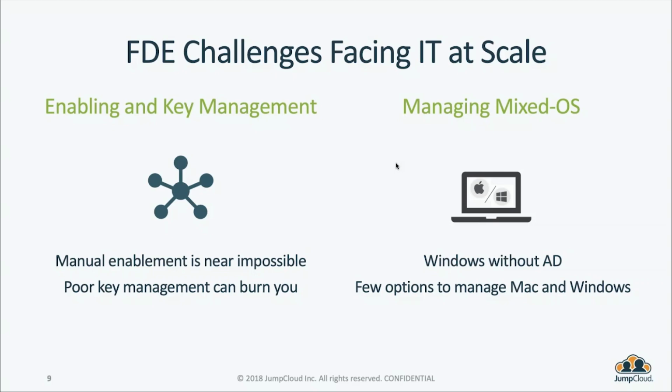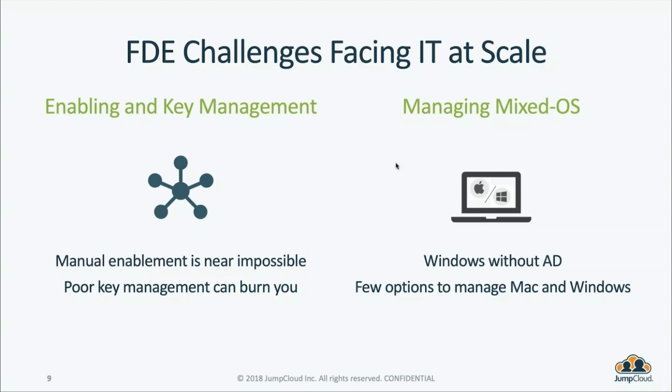One of the biggest challenges I've heard from not only our customers, but from the research I did prior to this presentation is that poor key management can really impact you. Using Google Sheets and saving all of your keys up in the cloud may work for a handful of systems, but at scale, it definitely won't work.